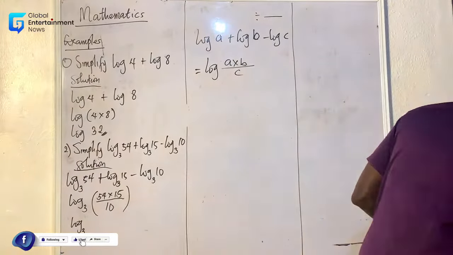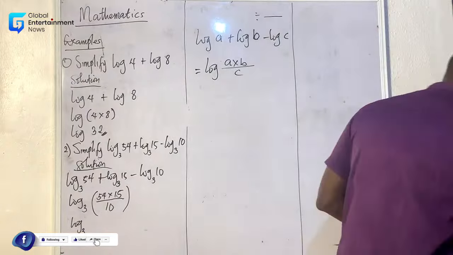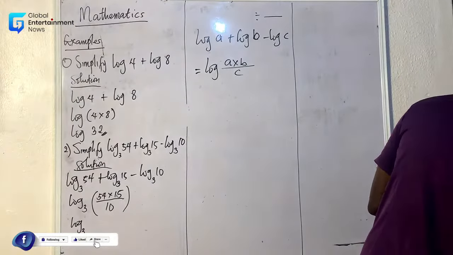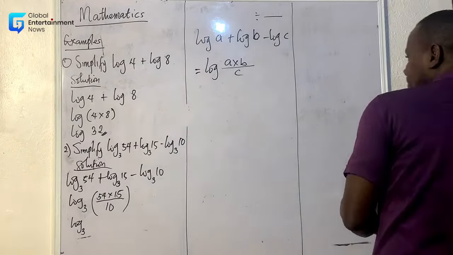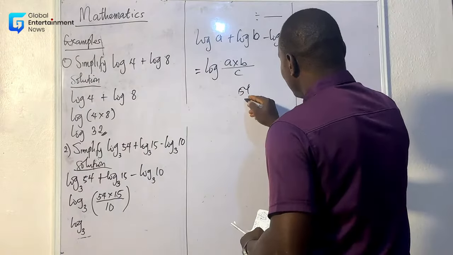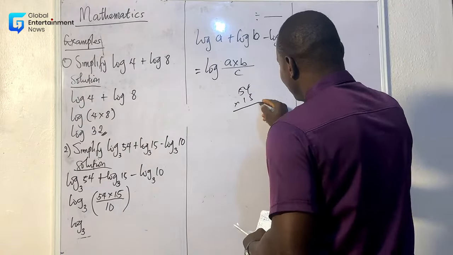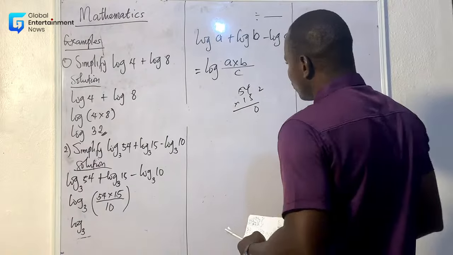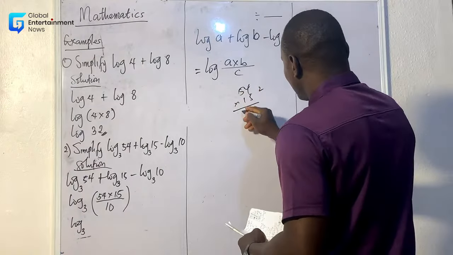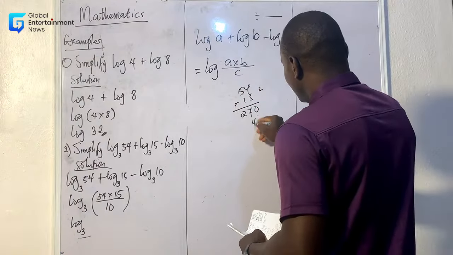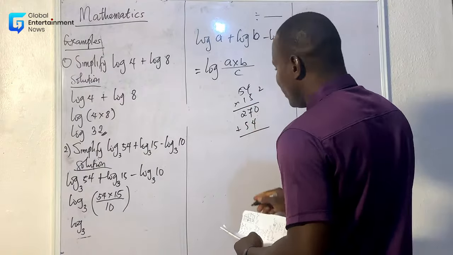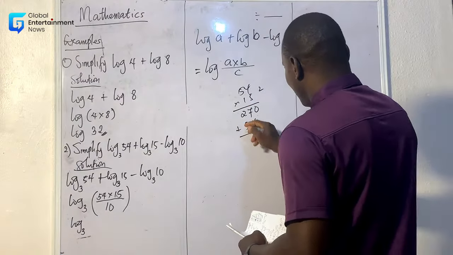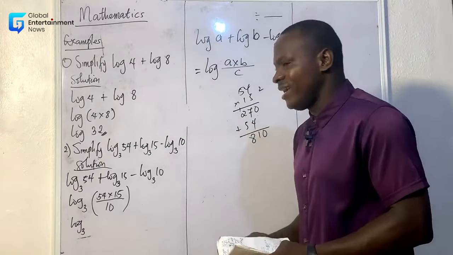54 times 15, press my calculator. 54 times 15, giving me 0, 25 plus 2, 27, that is 4, 5. Then add this together, we have 0, we have 1, we have 8, 10.